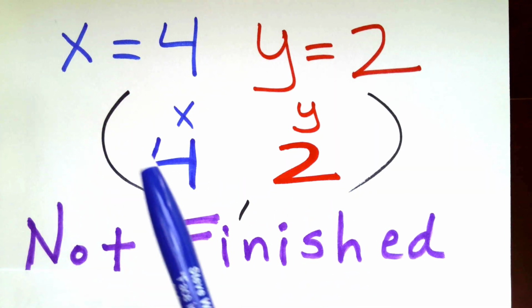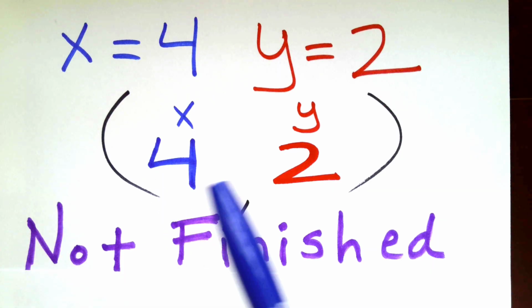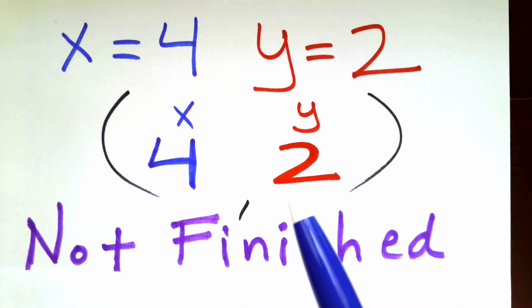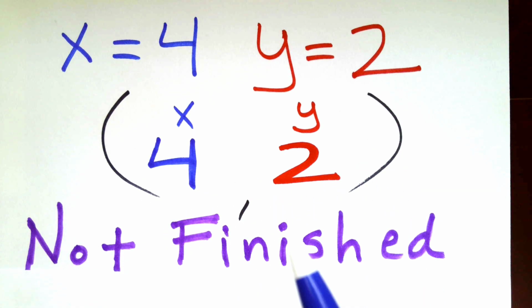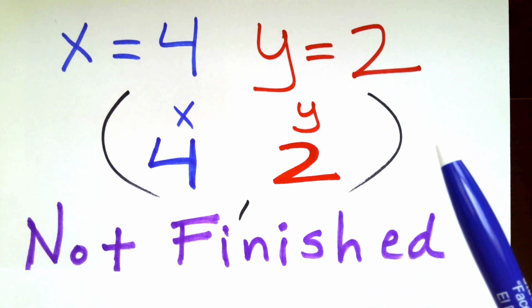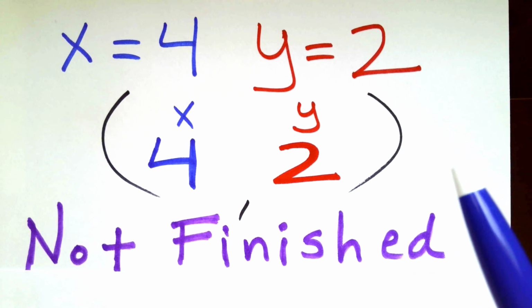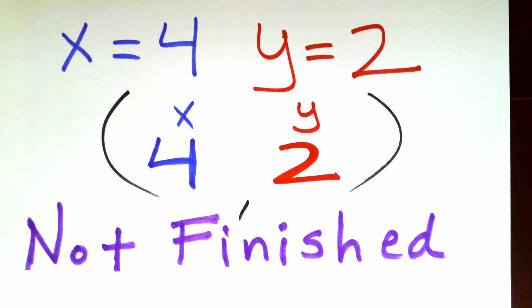By the way, I put these values inside parentheses, and they look like a coordinate point for graphing. I'm going to show you how to graph these two equations to show you a solution when we conclude with solving using inverse operations. Stick around.